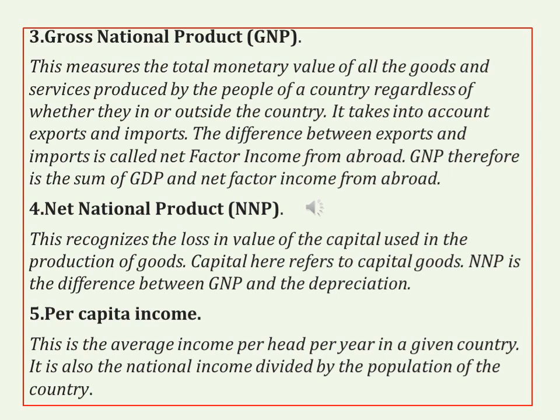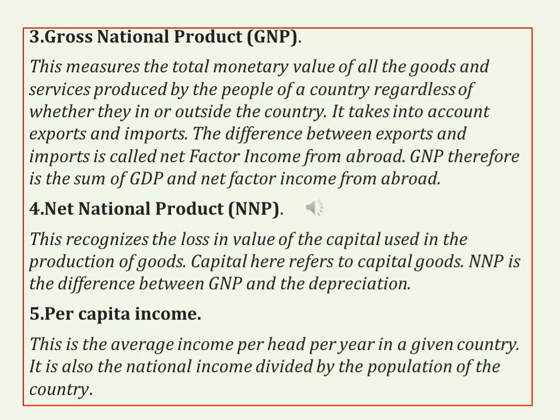Item number 5 or term number 5 is per capita income. Now, once we get the net national product, we need to know on average, if we divide by the number of people in a country, how much was made by each citizen. Maybe you say like each Kenyan, how much did they earn in the year 2019?